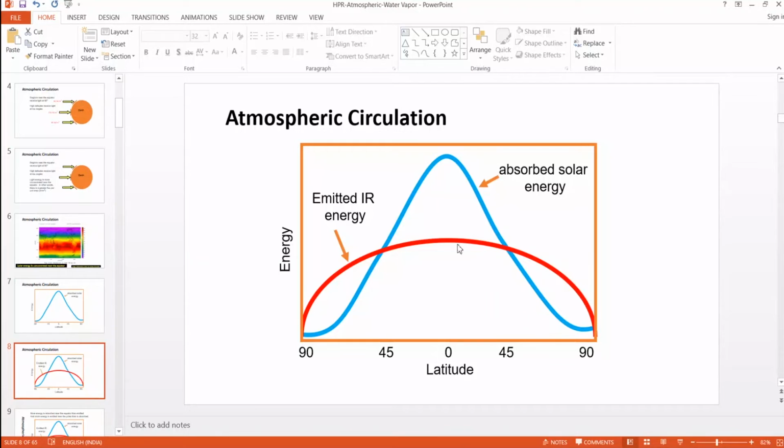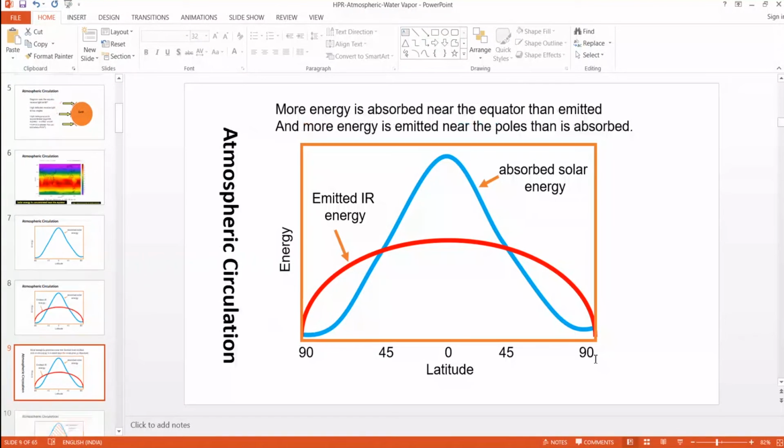the equator to the poles, and this transfer of energy drives the winds. This atmospheric circulation is driven by this variation in the absorbed energy from the equator to the poles.